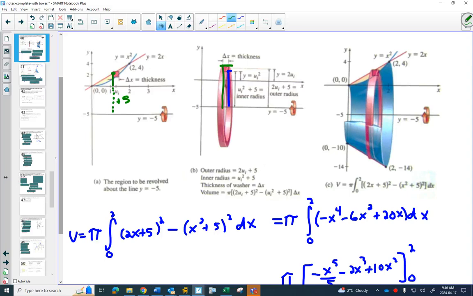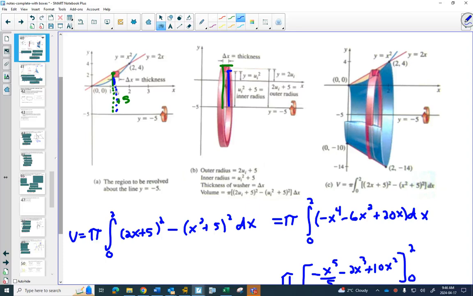Same thing, my small radius was this little part from here to here, that's x squared, but now we need to add 5 to it to make my small radius, so it will be x squared plus 5. And that all gets squared because we're making a circle with the small radius.